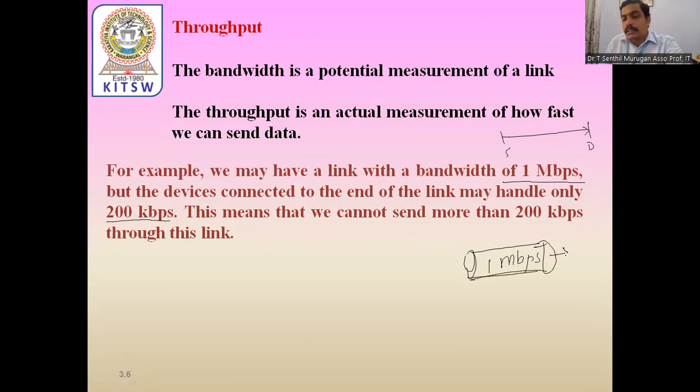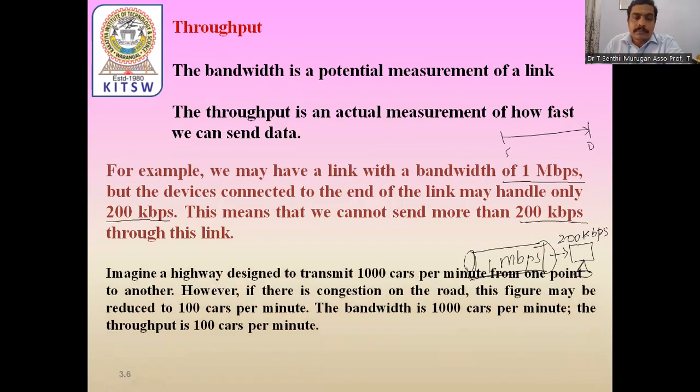But the receiver which is connected here has the capacity to receive only 200 kbps. This means that we cannot send more than 200 kilobits per second through this link. Even if we send more, the destination is not receiving it. The bandwidth is 1 Mbps, but throughput, how much data we transmitted, is 200 kbps.